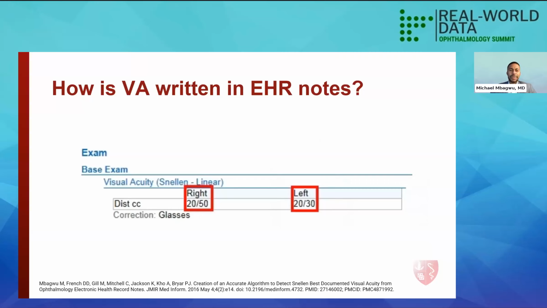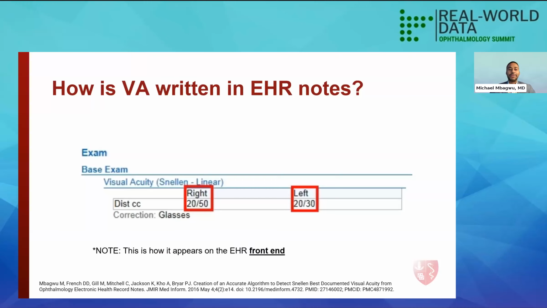So I want to spend some time to level set on how VA appears in EHR data, how to use it, etc. Here we see a familiar screen for a lot of us, especially docs, which is visual acuity. This is Epic, with some information: distance, right and left eye, and CC, which specifies what version of correction is used.